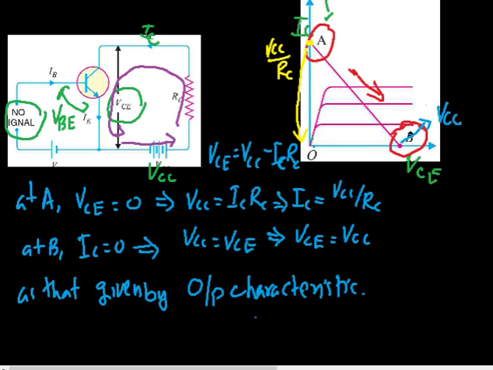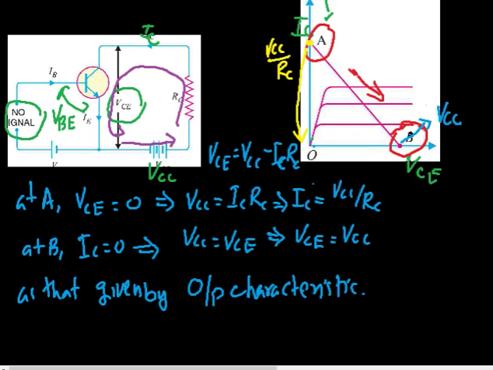So the DC load line is an alternative way of determining the variation of IC with VCE for a common emitter transistor connection.